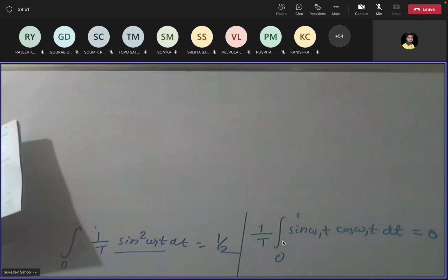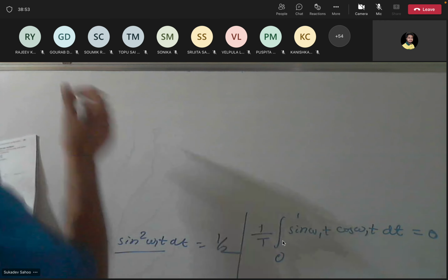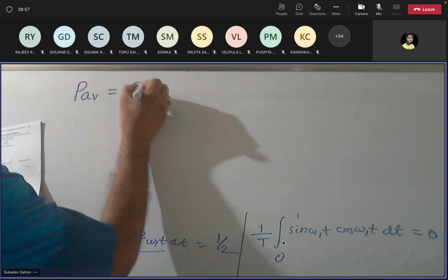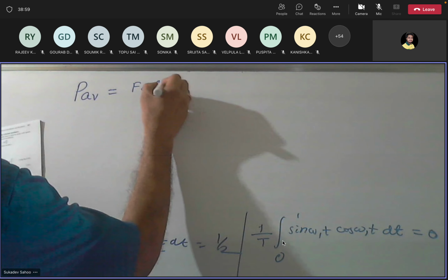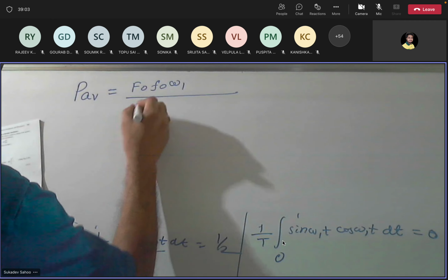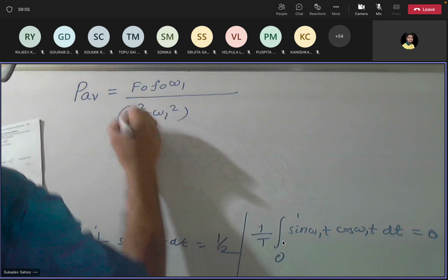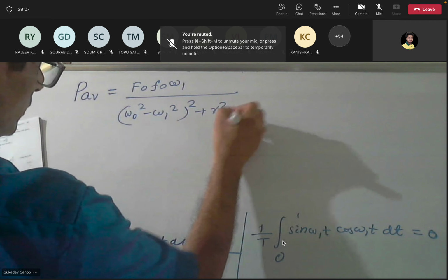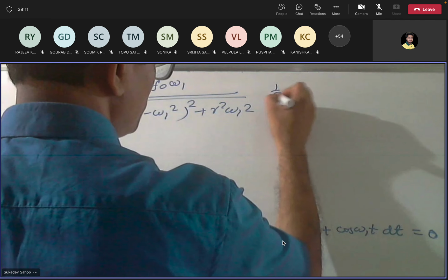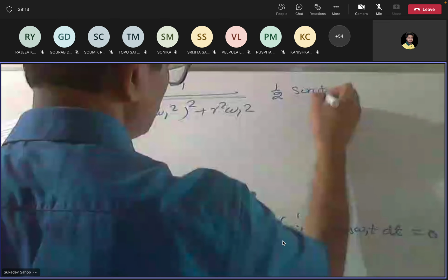So P average equals F0 omega 1 divided by omega 0 square minus omega 1 square, into half, sine phi 1.